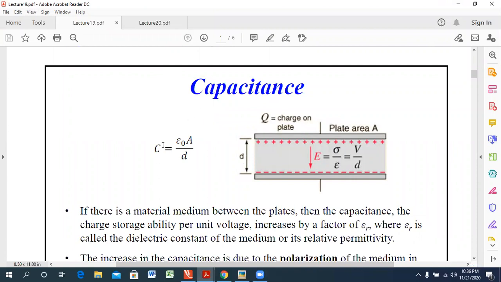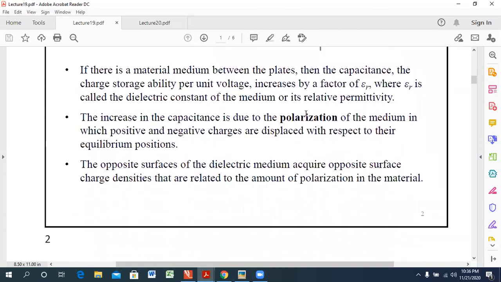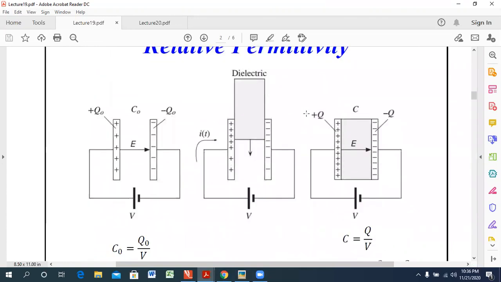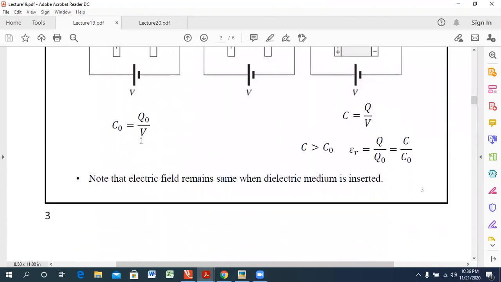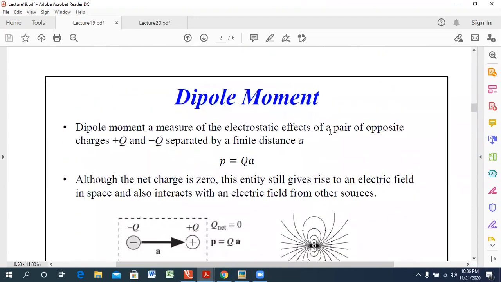We have already gone through what capacitance is, the formula of the capacitance, the polarization things, then the relative permittivity, C naught equals Q naught divided by V, and the definition of epsilon r. This is the lecture note or slide from the Ward teacher. It is also available on his website. I have found this, and I think it will be helpful for you. You can also go through the book, because in the books everything is in detail, but here we just summarize the total things.